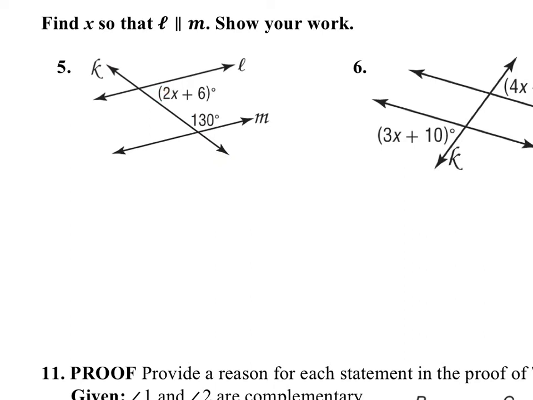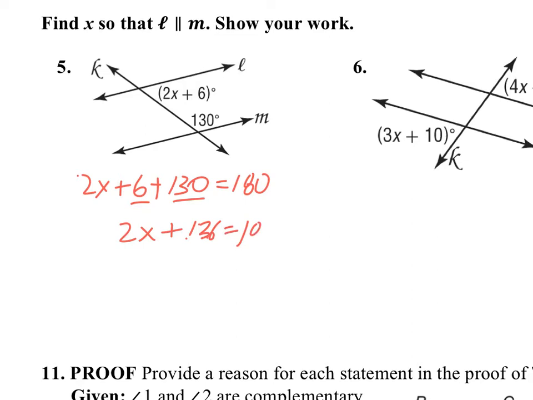So I'm going to find x that would make that true. I would set up the equation 2x plus 6 plus 130 is equal to 180. 6 plus 130 is 136, and that's equal to 180.